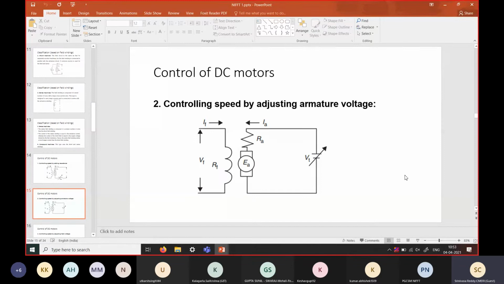In the second method, the voltage is changed directly. The source itself is a variable voltage, and whatever resistance is in series is fixed in this case. That resistance is due to the coil itself.